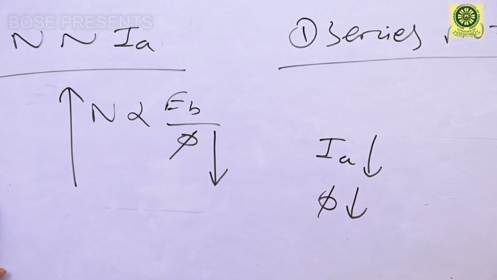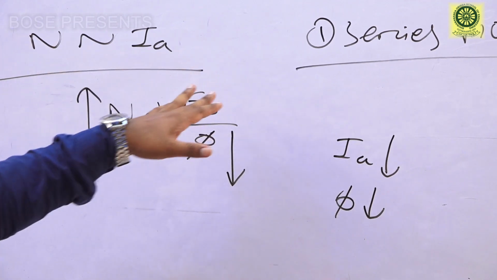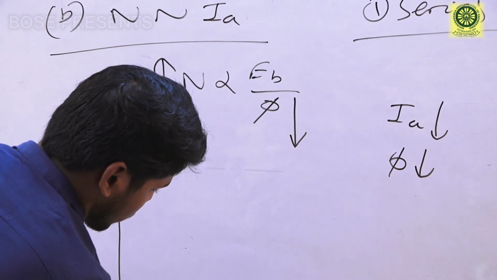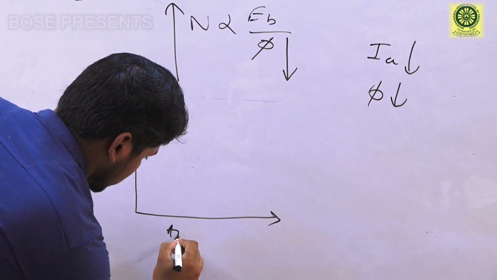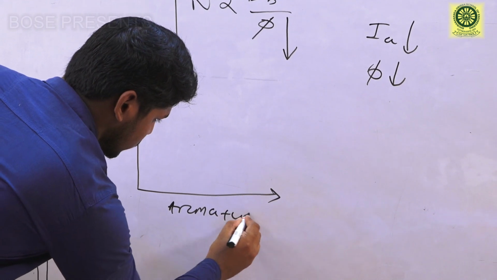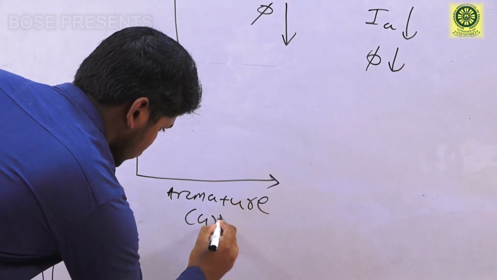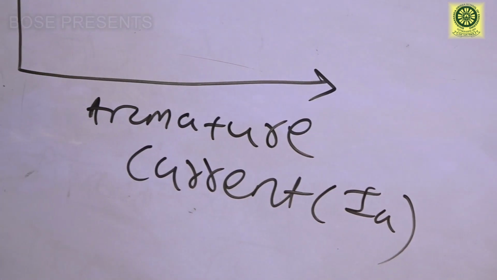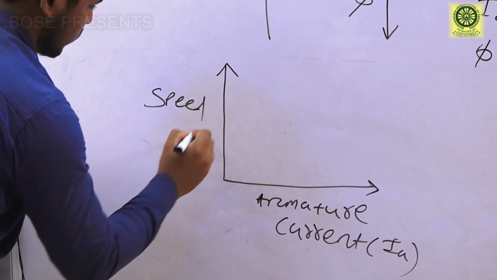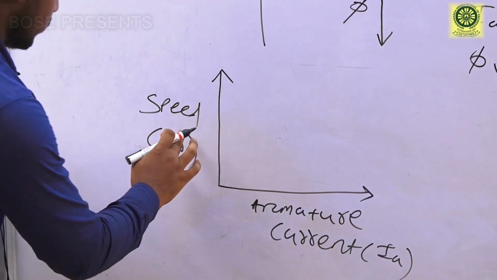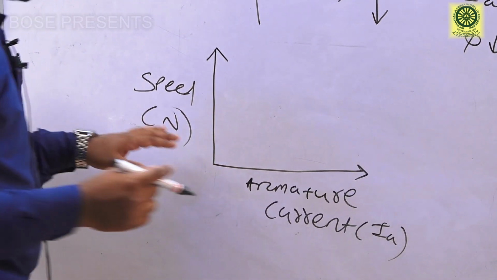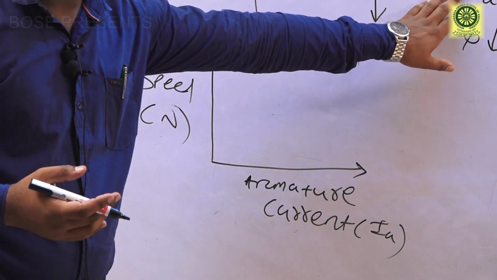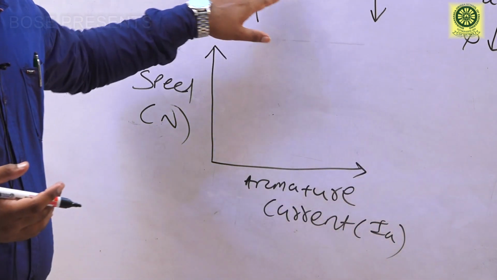And if we draw the characteristic between the speed and armature current, it will be like this. This is the armature current, this is the speed N. So during starting condition, as the armature current is less, the flux is less, the speed is high.